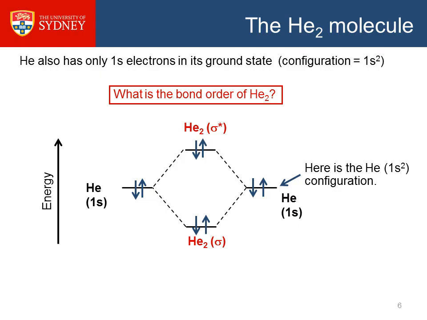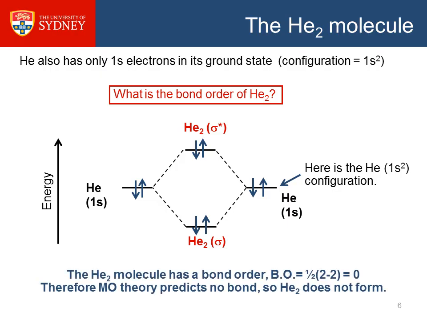The total electronic energy of the helium-2 molecule will therefore be exactly the same as that of 2 isolated helium atoms, as the destabilizing effect of the electrons in the antibonding orbital cancels out any stabilization due to the electrons in the bonding orbital. As there is no energetic advantage, a molecule is not formed.